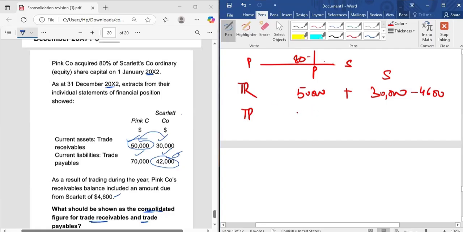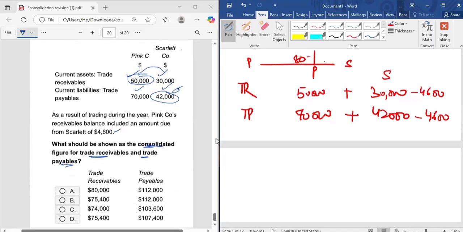Similarly, for trade payables, we will take the entire trade payables of P company and add 42,000, which are the trade payables of Scarlett company. But we will subtract 4,600 from here because it is an intra-group transaction. So you can calculate it and you will get the correct answer. Let me calculate it: 50,000 plus 30,000 minus 4,600 is 75,400.